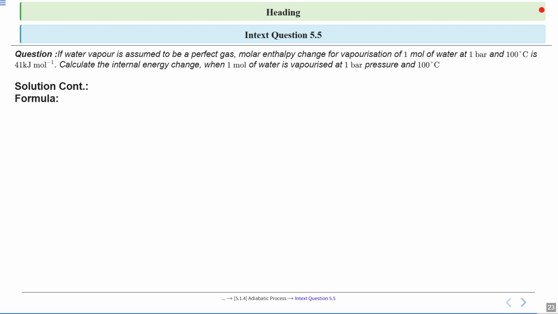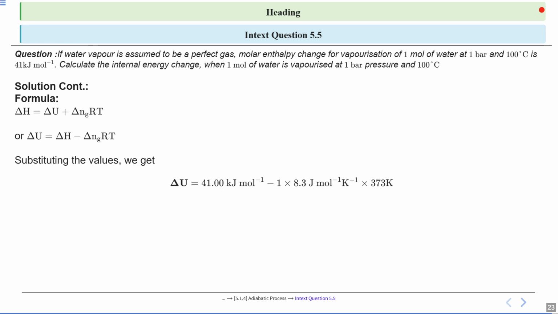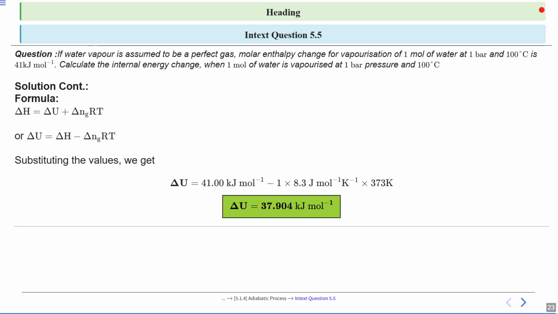If we substitute in the formula delta H is equal to delta U plus delta ng RT, then we get delta U is equal to delta H minus delta ng RT. I have simplified it further and then substituted the values. The values given are 41 kilojoule per mole and the gas constant is 8.3 joule per mole per Kelvin. Then we have this temperature. What do we get as the result?